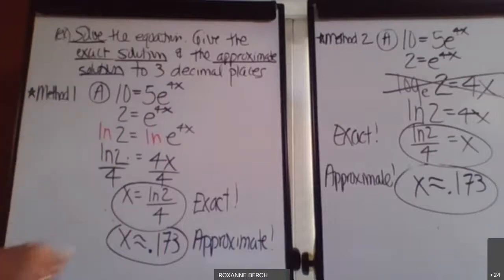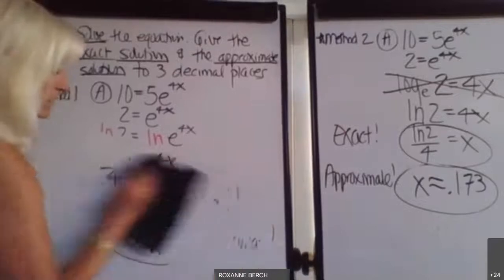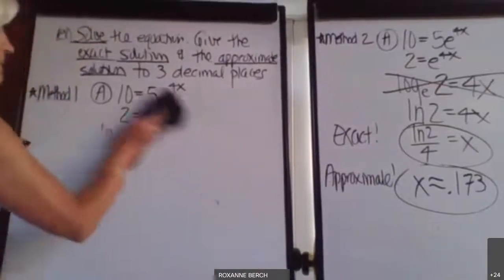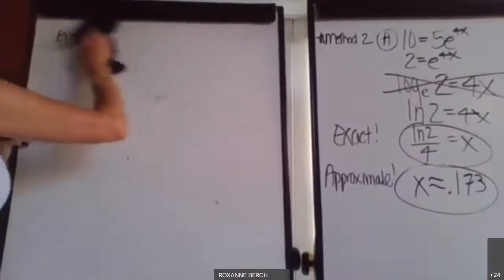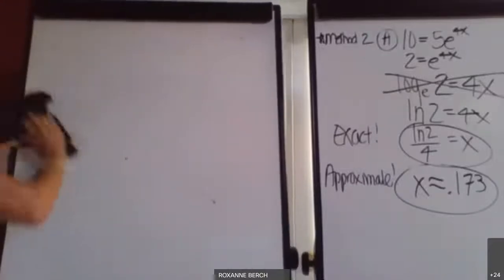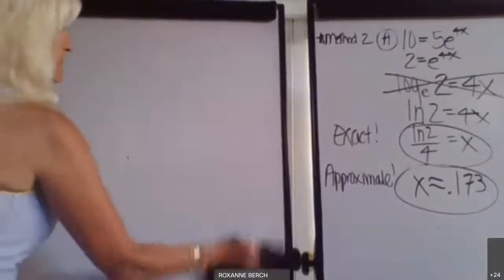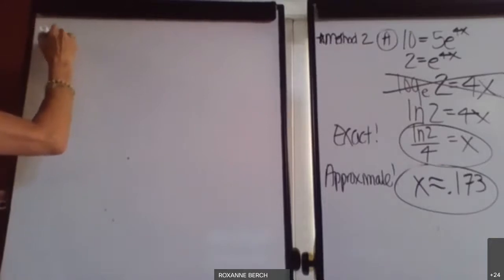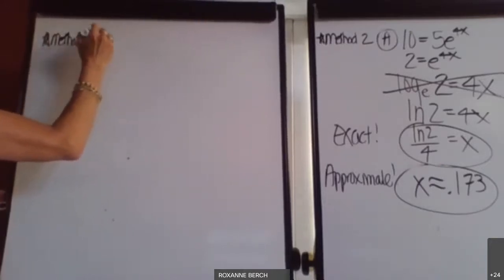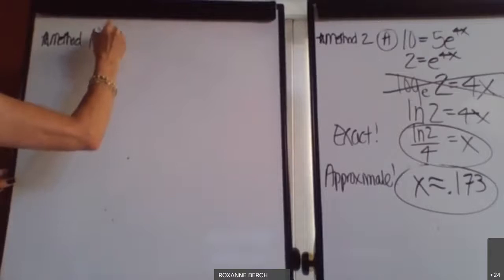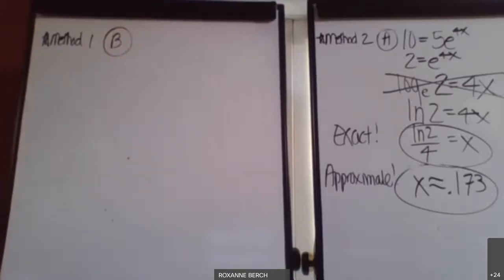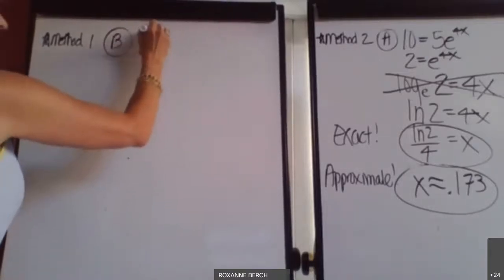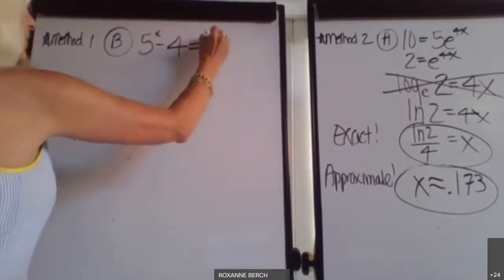Let's do another one. So this problem is 5 to the x minus 4 equals 7.